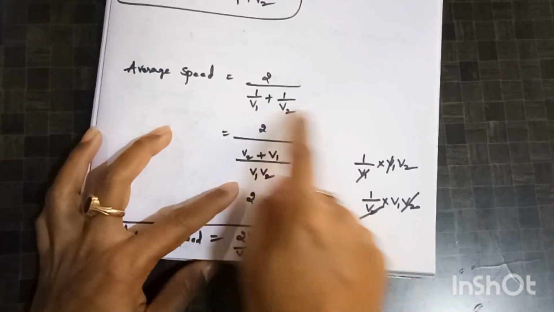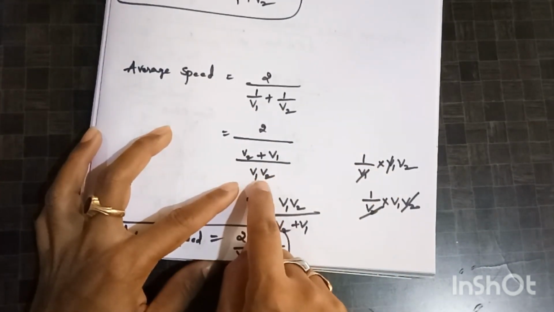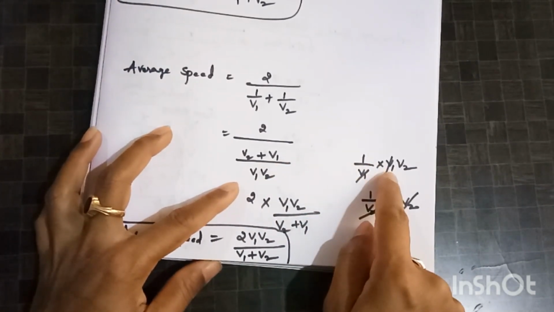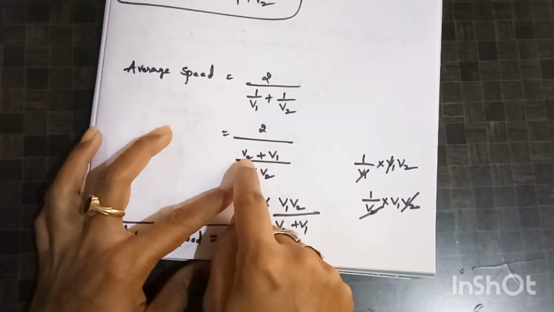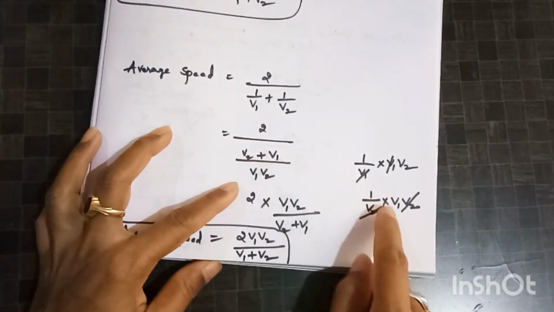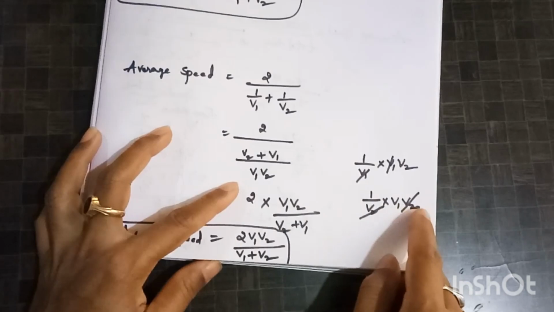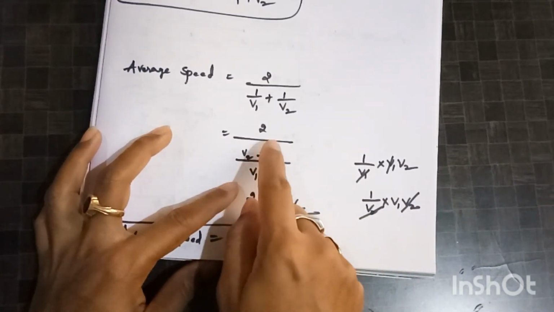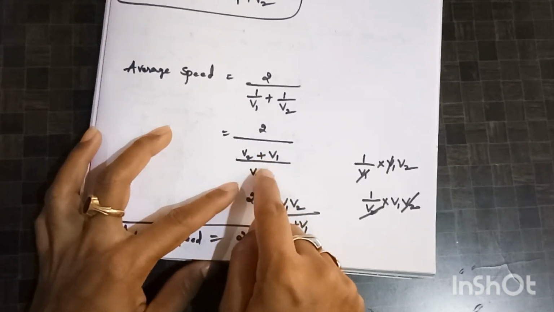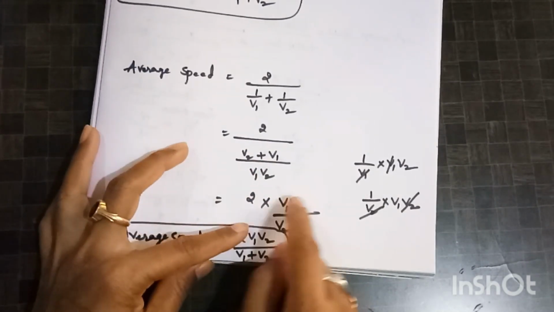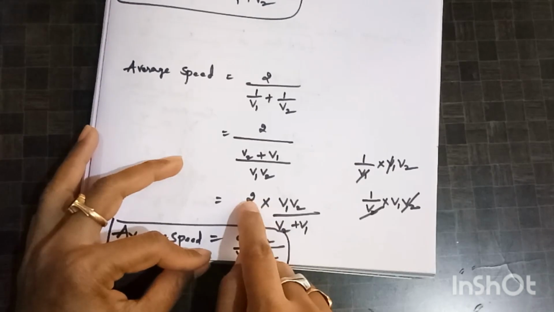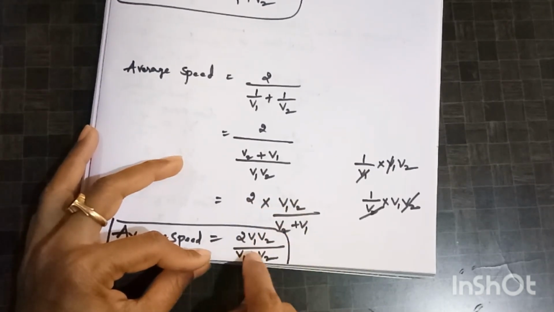For the first term, 1 by v1 into v1 v2, v1 and v1 get cancelled and we get v2. Similarly 1 by v2 into v1 v2, v2 and v2 get cancelled and we get v1. Then taking the reciprocal of the denominator, 2 into v1 v2 by v2 plus v1. v2 plus v1 or v1 plus v2 are both the same. So the answer will be 2 into v1 v2 by v1 plus v2.